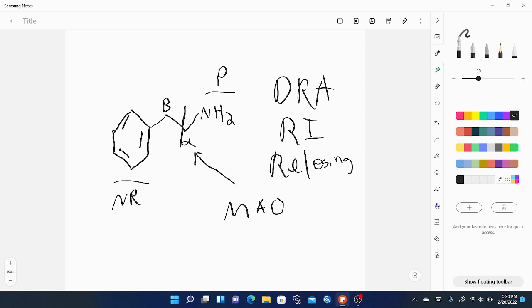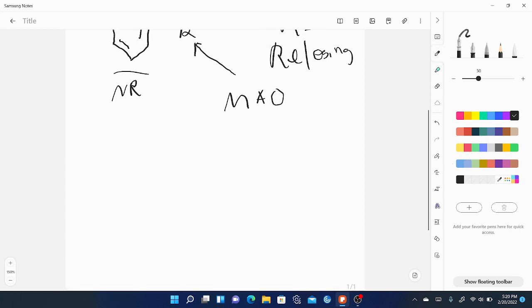And so there's a very simple way to sterically interfere with monoamine oxidase: put a methyl group on the alpha carbon. This sterically interferes with monoamine oxidase.